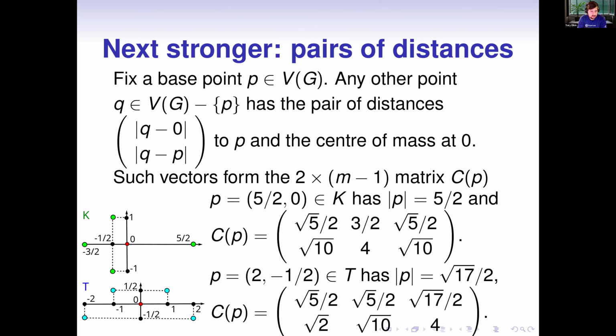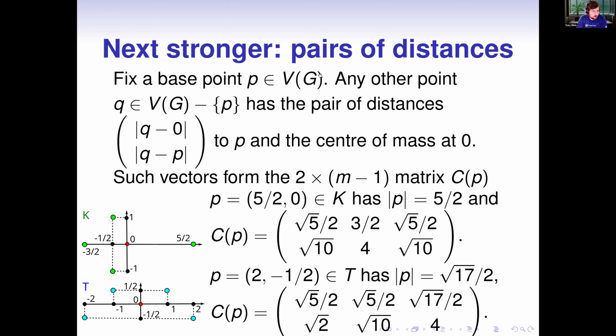And then an even stronger invariant will be the pairs of distances. For every base point, we compute its distance to all the other points and also to the origin.